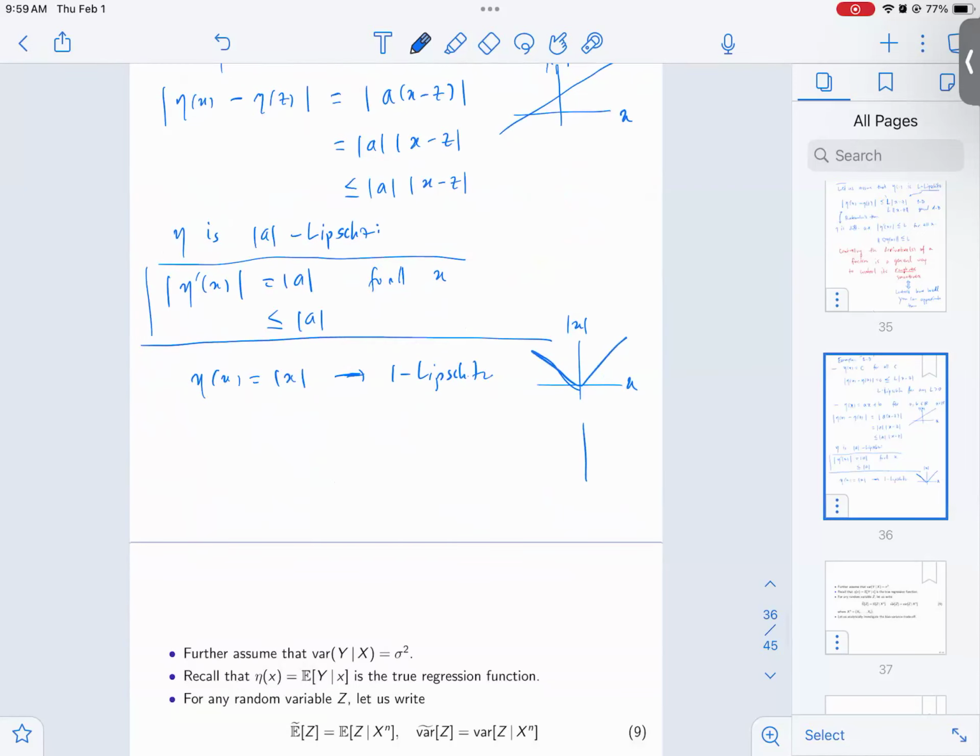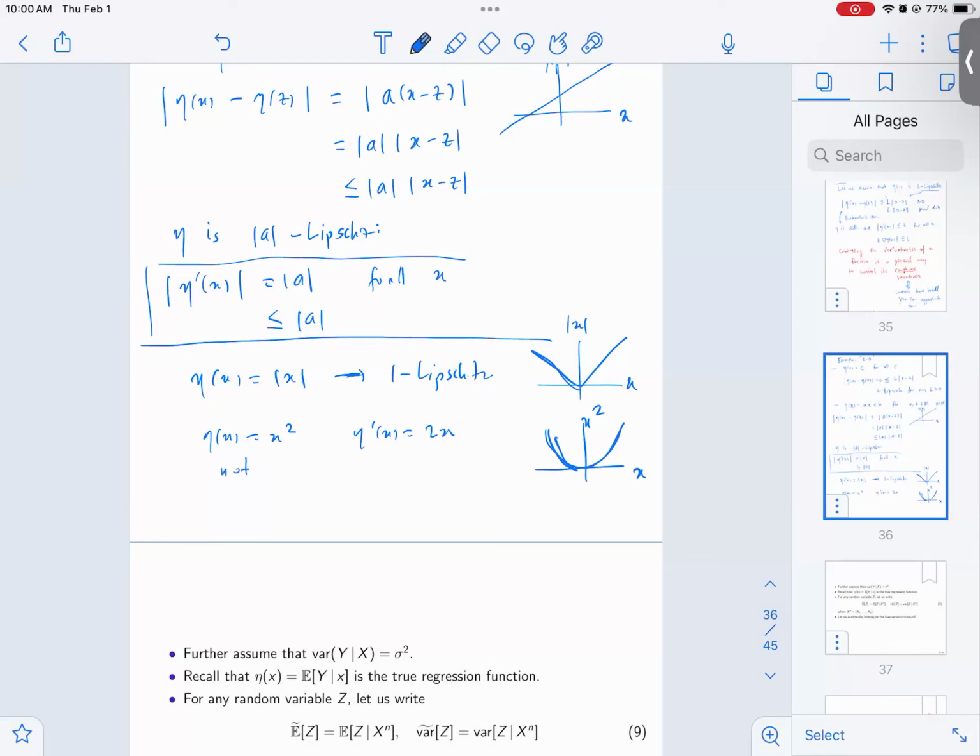A simpler example, just a simple example: X squared is not Lipschitz. Why is it not Lipschitz? If you believe Rademacher, eta of X squared, eta prime of X is 2X, so this is unbounded. It's not Lipschitz over the real line.